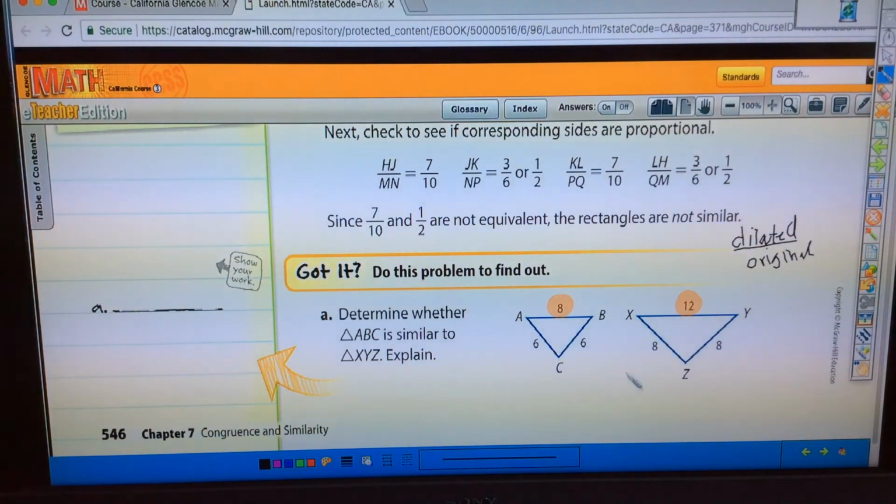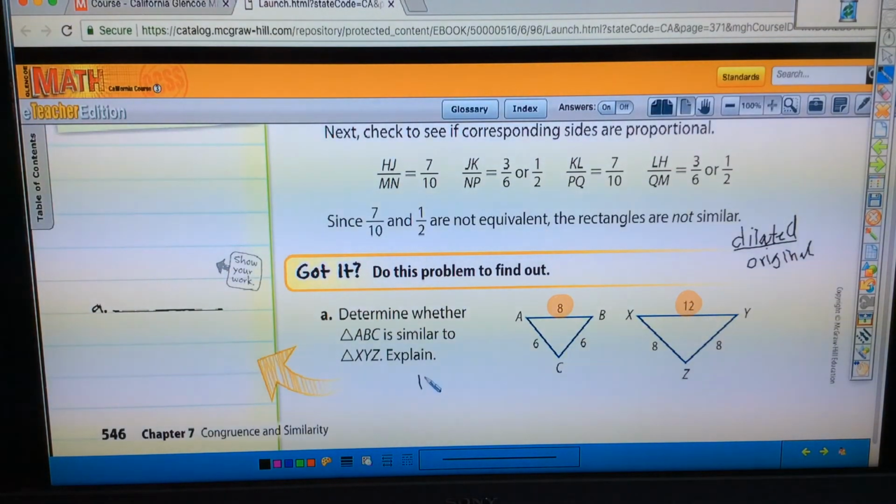Later in the alphabet is your dilated, original is earlier in the alphabet. So I'm going to put 12 over 8. And then 8 corresponds with 6, so I'm going to put 8 over 6.